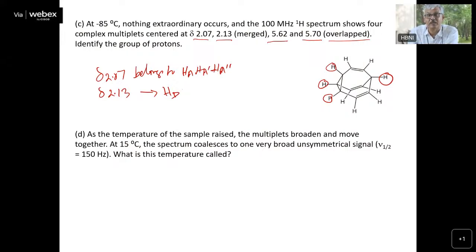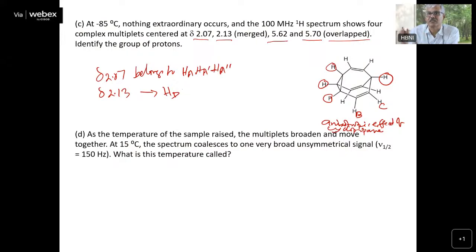If you remember, I gave the nomenclature HD, and then HB will be slightly upfield compared to HC. If these are the HB group and these are the HC group, the HB protons will be slightly upfield due to the anisotropic effect of cyclopropane.